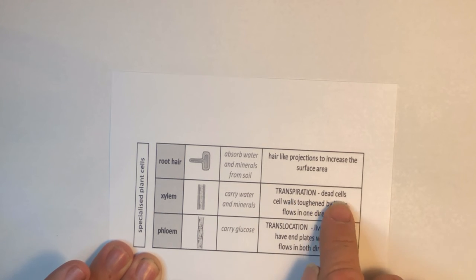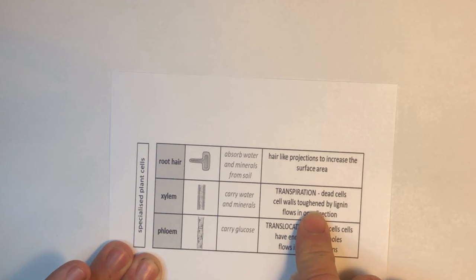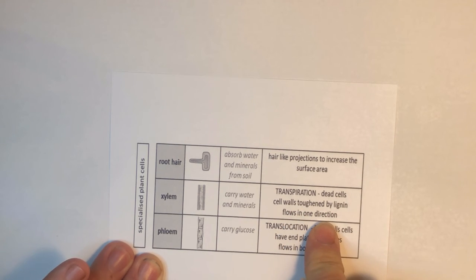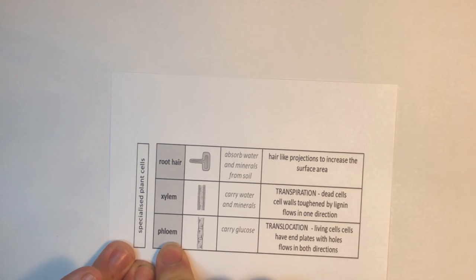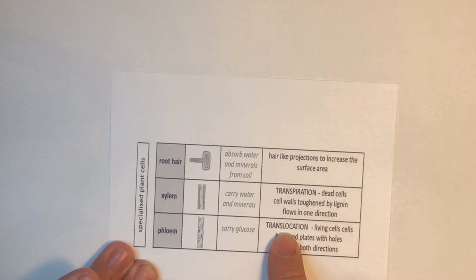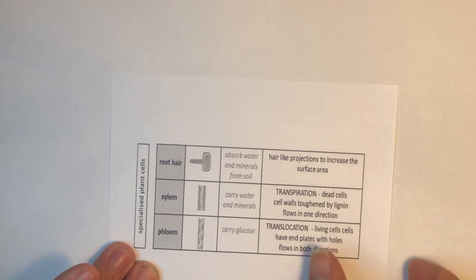It's made up of dead cells, and the cell walls are toughened by a substance called lignin, and it flows in one direction. Phloem, the role of phloem is to carry glucose. This is called translocation. Living cells, and the cells have end plates with holes, and it flows in both directions.